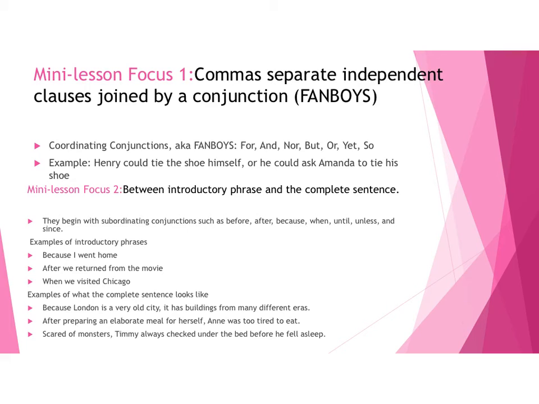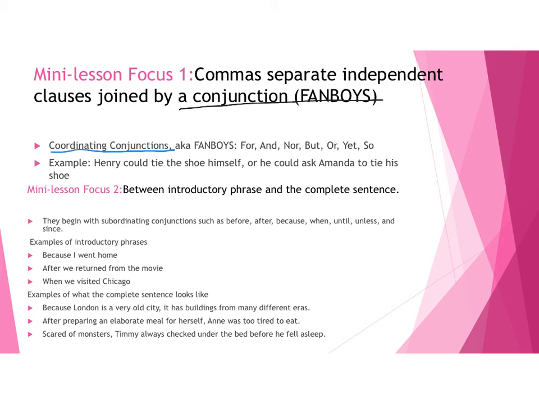Our first focus for this lesson is our fanboys. You've heard this term numerous times. Just make sure that you are familiar with it. These are called coordinating conjunctions. You use them to combine two complete sentences with a comma.